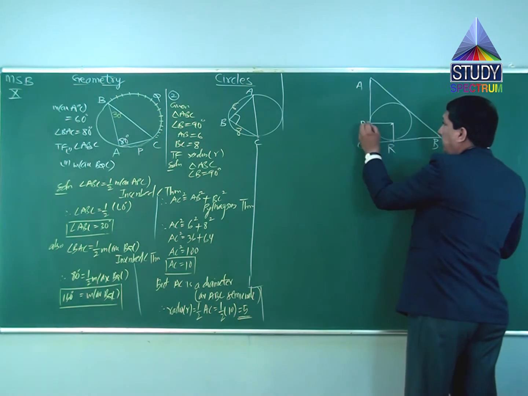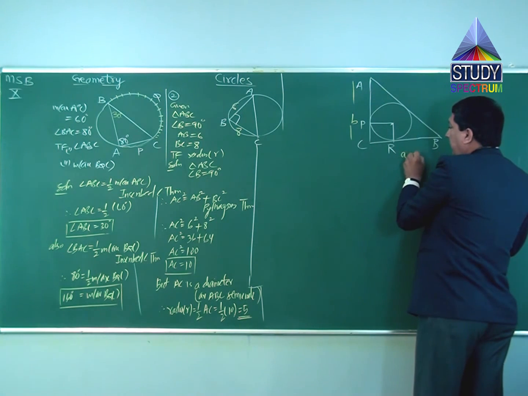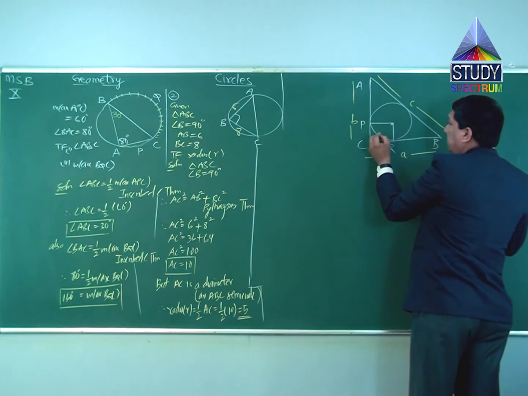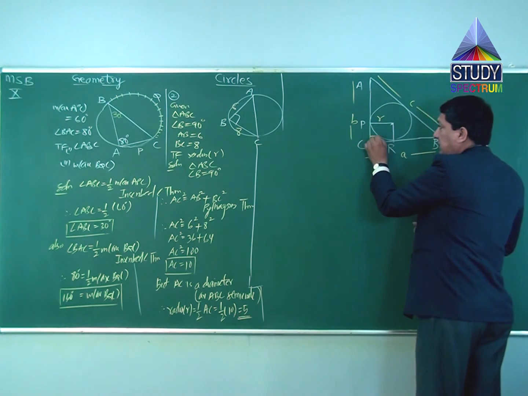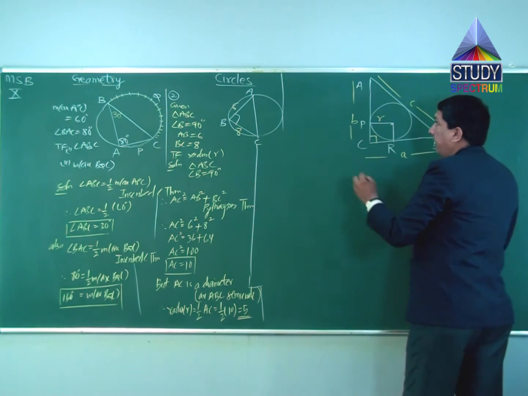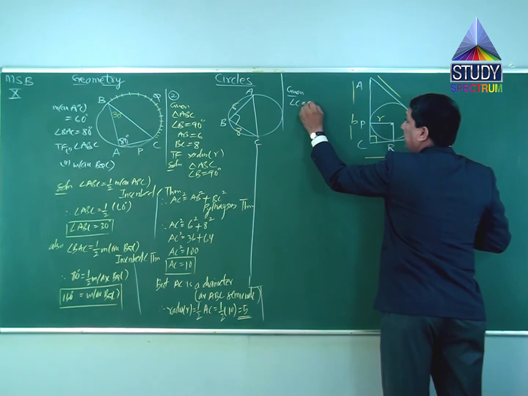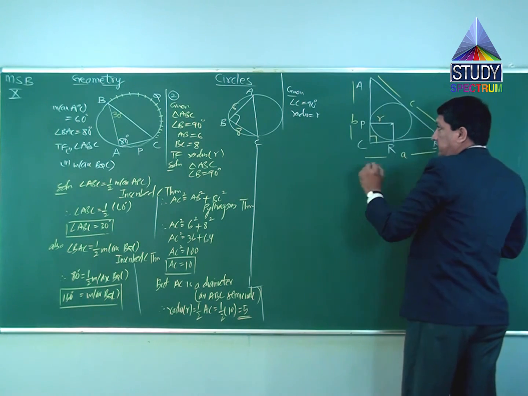Opposite to vertex B, small b, opposite to vertex A, small a, opposite to vertex C, small c, and the radius is R. Plus, angle C is 90 degrees, given to us. The radius is R, the sides are A, B, C.